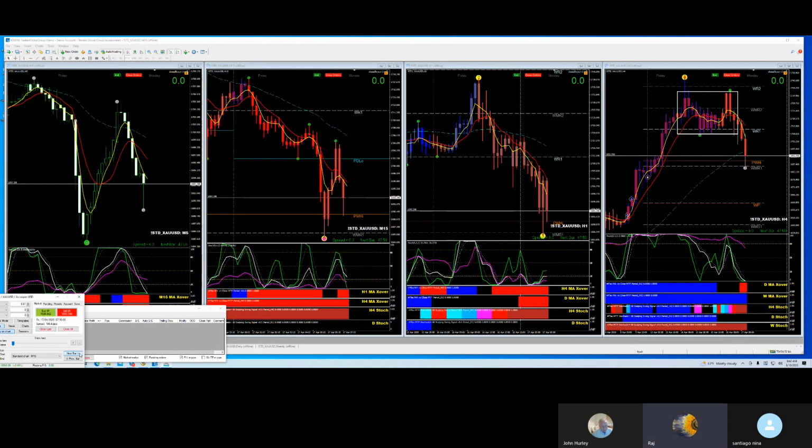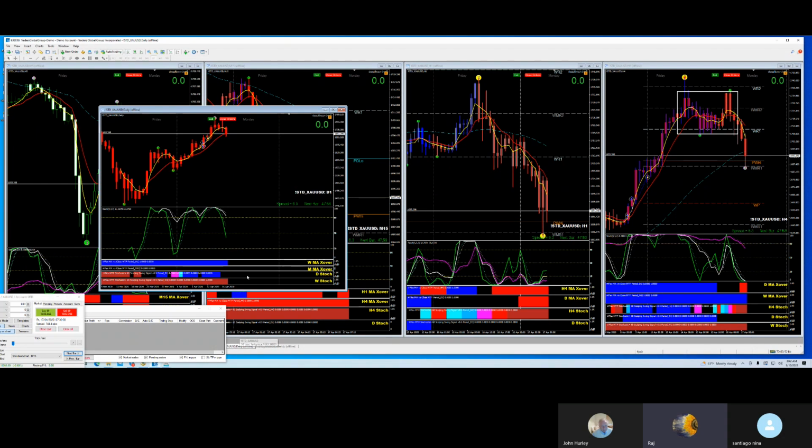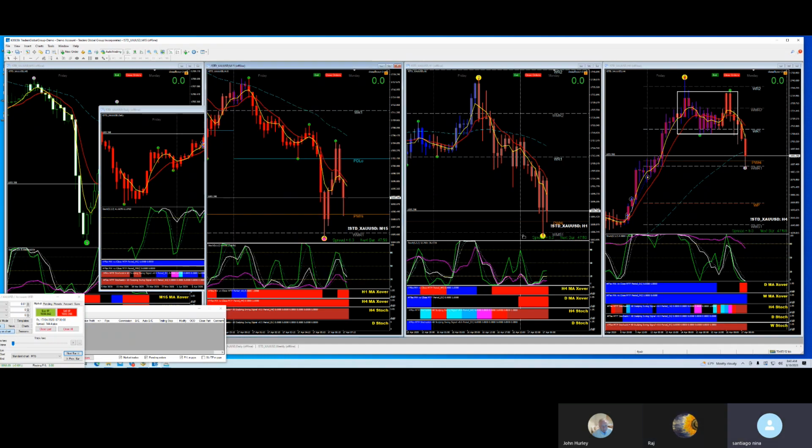Daily EMA is crossing over. Stochastic should follow. Yeah, good move. As you can see, you have a trend trade here on the 1 hour.